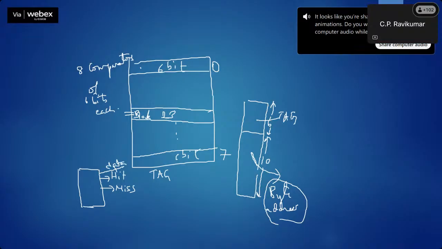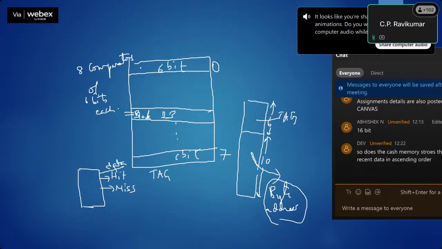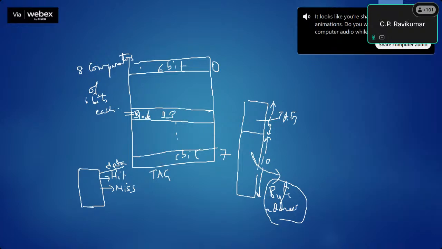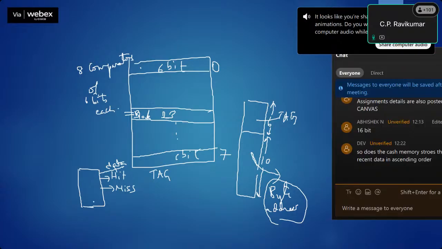If it's a miss, then we have to go and load the data and transfer 1K bytes.